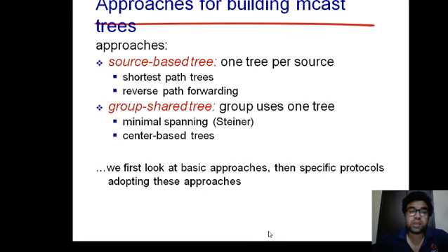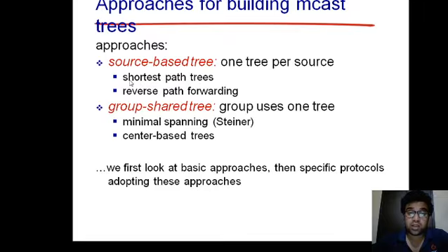So now you can see approaches for building multicast trees. As I told you in the last slide, we have got two approaches. Source based trees have one tree per source, and these can be created with the help of shortest path trees.